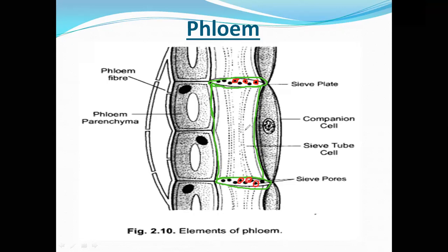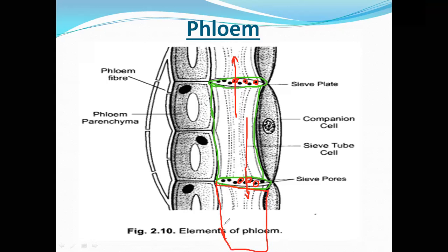Just imagine the organic food material, the solute molecules, moving through this plate, towards up or towards down. Clear? So one tube cell is connected with the next tube cell.